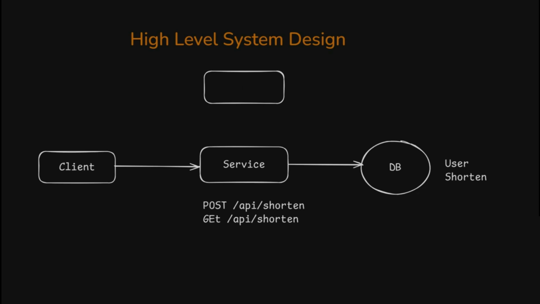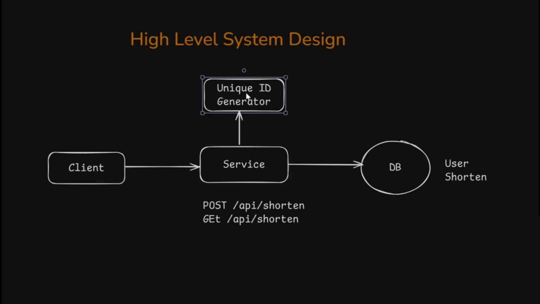The unique ID generator is one service which generates the unique IDs. With these unique IDs, this service appends the domain name and saves it with the mapping of the original URL.